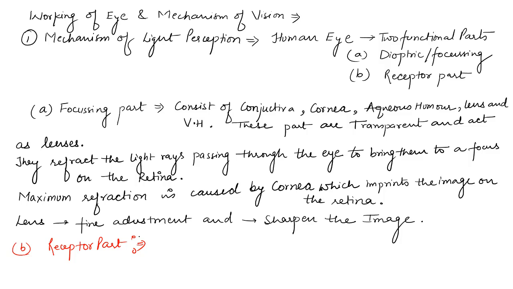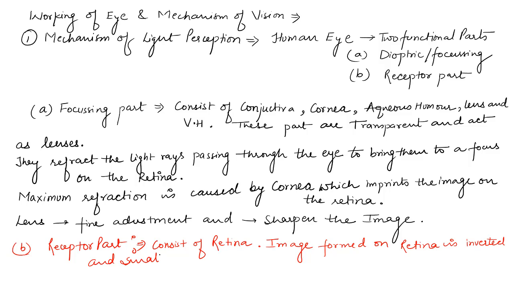The receptor part consists of the retina. The image found on the retina is inverted and small. It converts the energy of specific wavelengths of light into action potential in the nerve fibers.